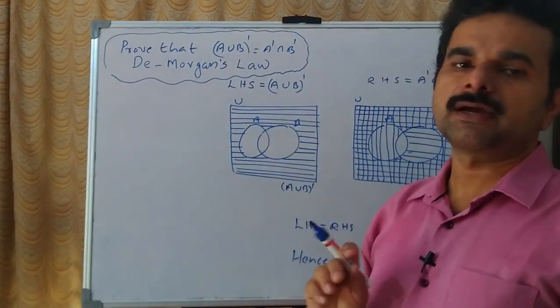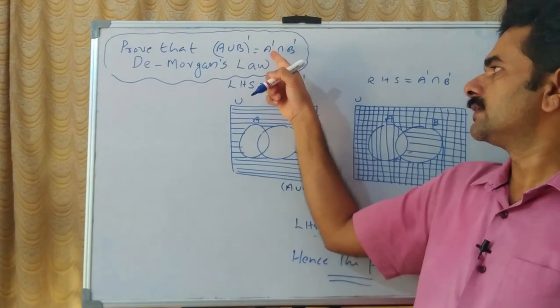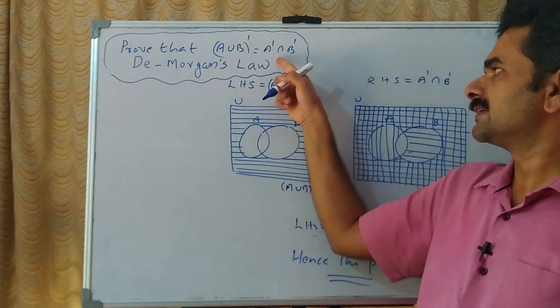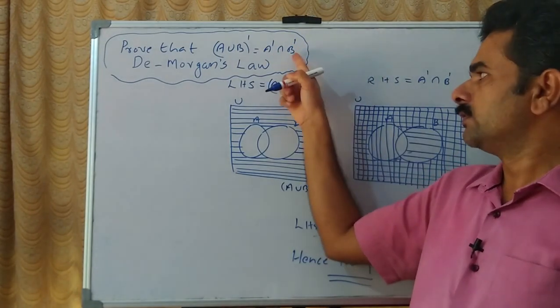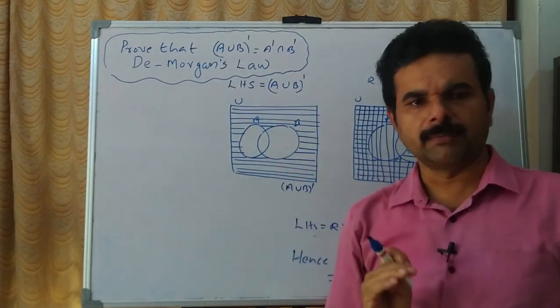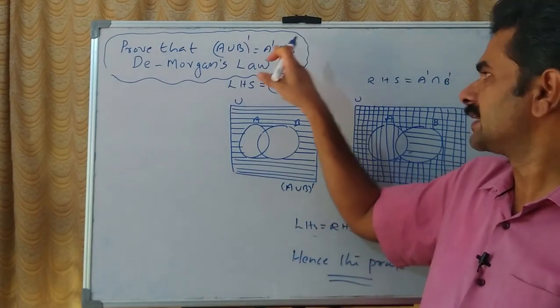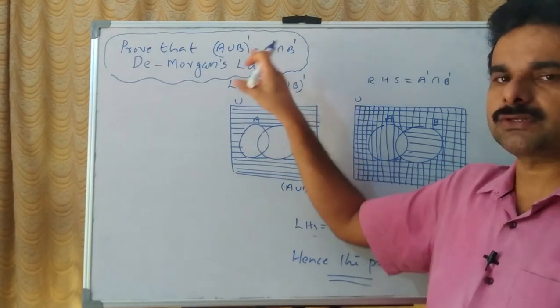So what is De Morgan's law? A union B whole complement is equal to A complement intersection B complement. You have to learn this law by heart. That is De Morgan's law.